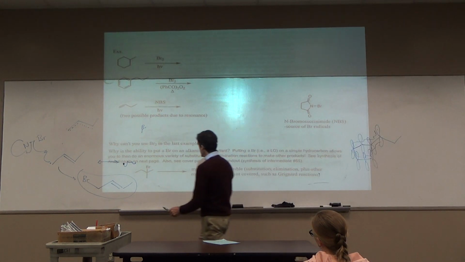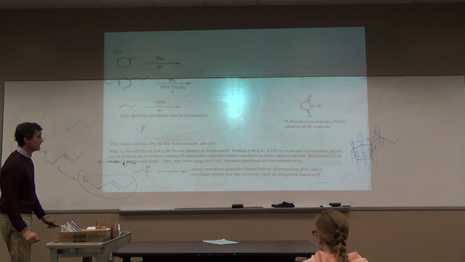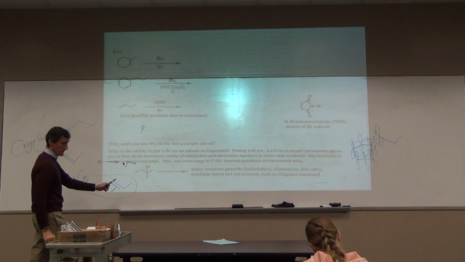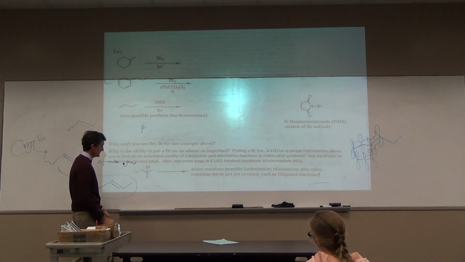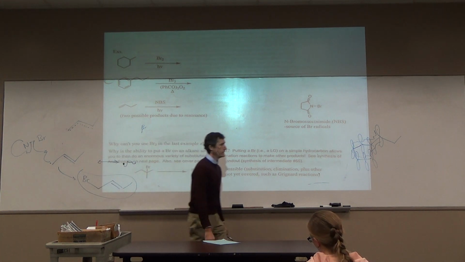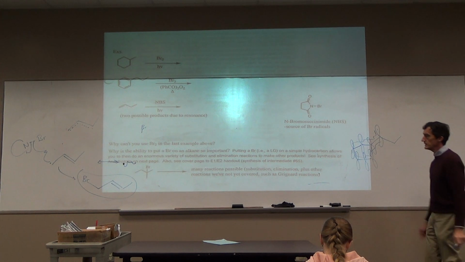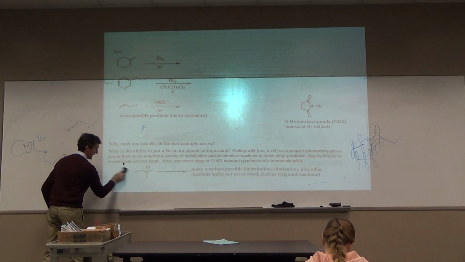Okay, why is the ability to put a bromine on an alkane so important? We make this at the top. Is that the one we made at the top? Yeah, we did make it at the top. Why is it so important to be able to put bromine on a molecule, on an alkane?